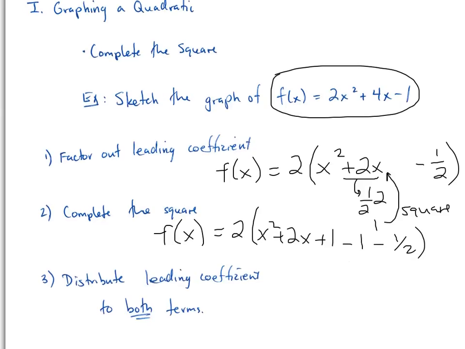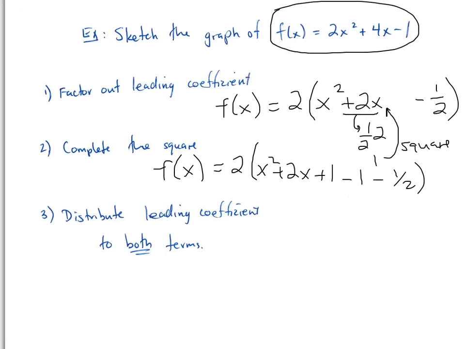And now by design, we can factor the first three terms as a perfect square. So x squared plus 2x plus 1 becomes x plus 1 quantity squared. And then the last two terms get grouped together. So negative 1 minus 1/2 is negative 3/2. Think of negative 1 as negative 2 over 2 minus 1 over 2, you get negative 3 over 2.